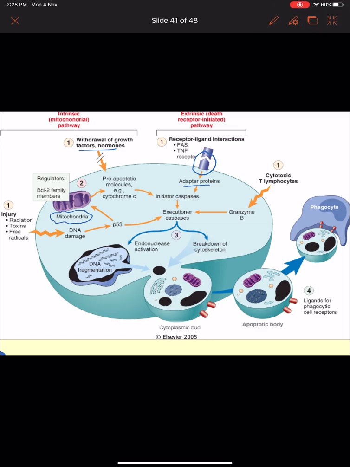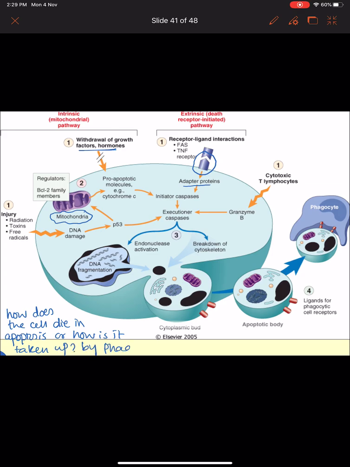So if I ask you a question on the exam, and I will be holding myself to that, if I ask you how does the cell die in apoptosis, or how are the cell parts taken up in apoptosis, if I tell you phagocytosis, that will be the right answer, right? Because that's exactly what happens.